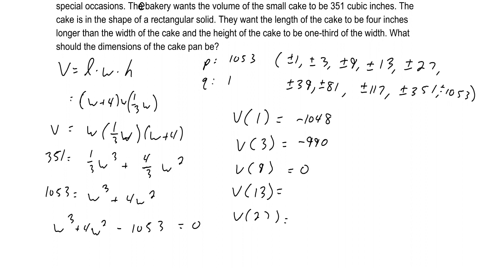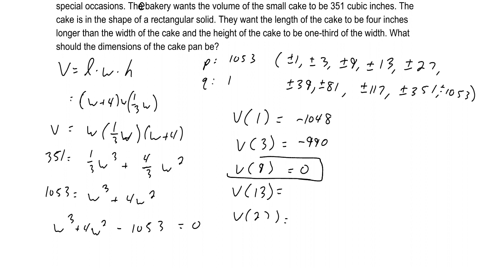Well, hey, that's great. I could go ahead and do the rest of these, but they're getting larger. The bigger our inputs get for our width, the larger the volume is going to get, so the difference is going to grow. So V of 9 equals 0.